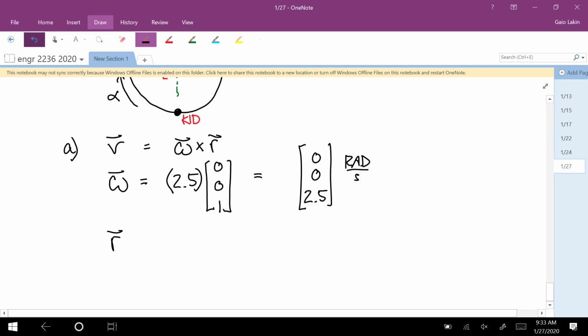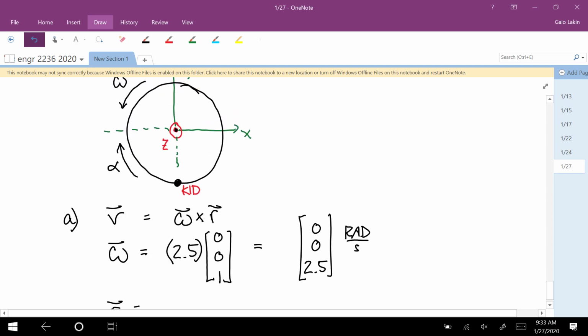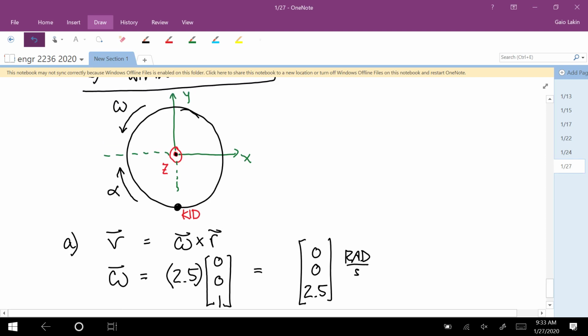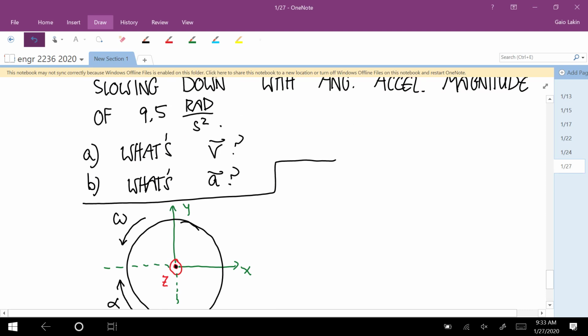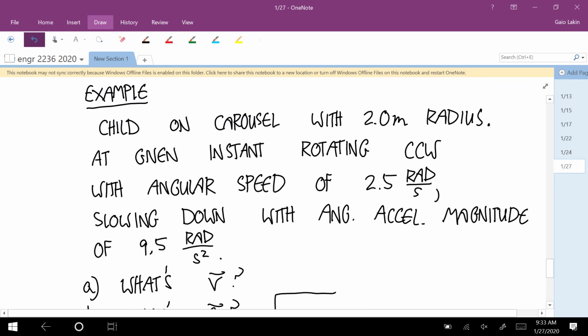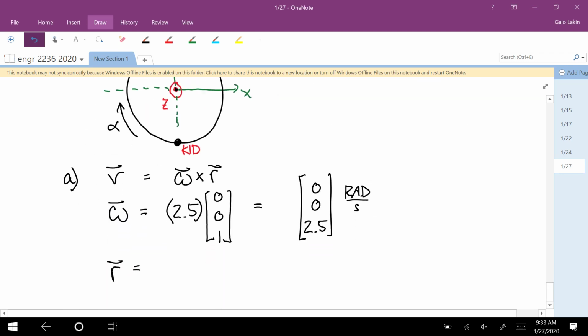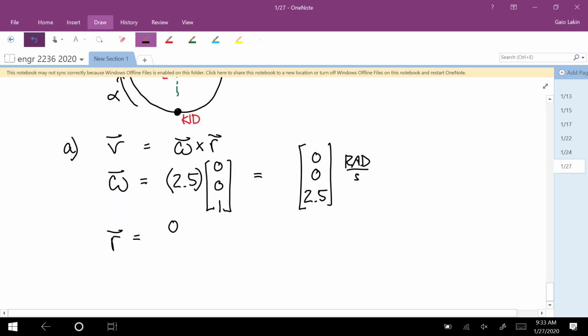Now the r vector. What's the vector that goes from the center of the circle to the kid? It's in the negative y direction. The radius, of the carousel, is 2. So it's going to be 0, negative 2, 0, and this is in meters.